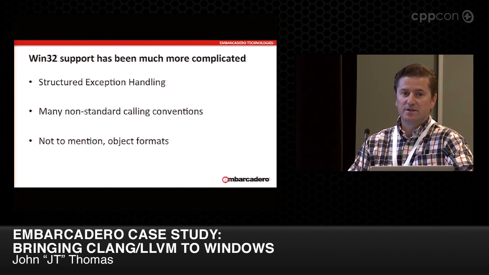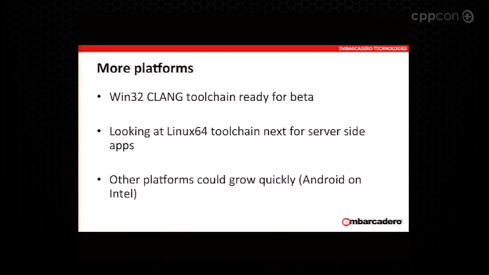It's taken longer to do this, even with the front-end work, than it took us to get to ARM, for example. So this is actually something that's about ready to go into beta to our customers. It's been a long time coming, but it was a lot of effort. And so for us on the CLANG and LLVM side in general, we're looking at taking it to more platforms.